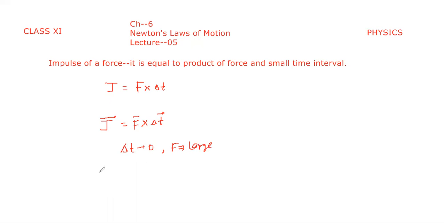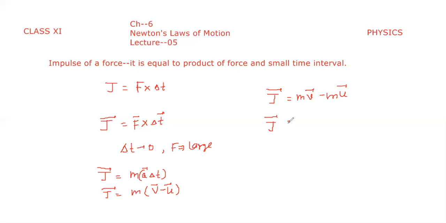If we define J, F equals m a, into delta T. And what is acceleration into time? That is change in velocity. So m into v minus u, as vectors. So J vector equals m v vector minus m u vector.